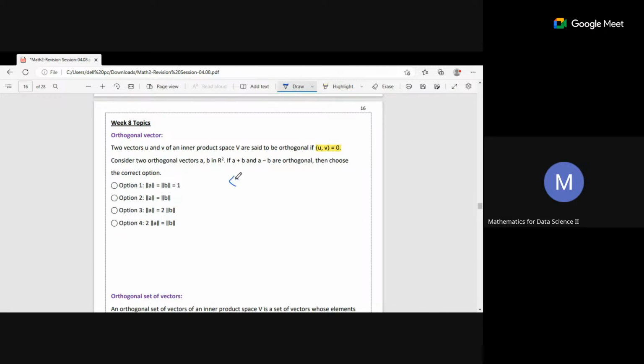It means the inner product of a plus b and a minus b equals 0. Now you can split this using the properties of inner product. This is what you get. Because of symmetry, these two terms will get cancelled, since the inner product of a and b is the same as the inner product of b and a.